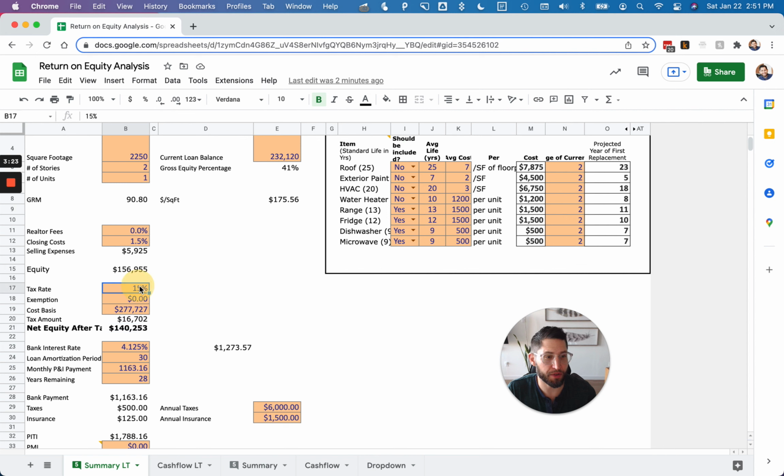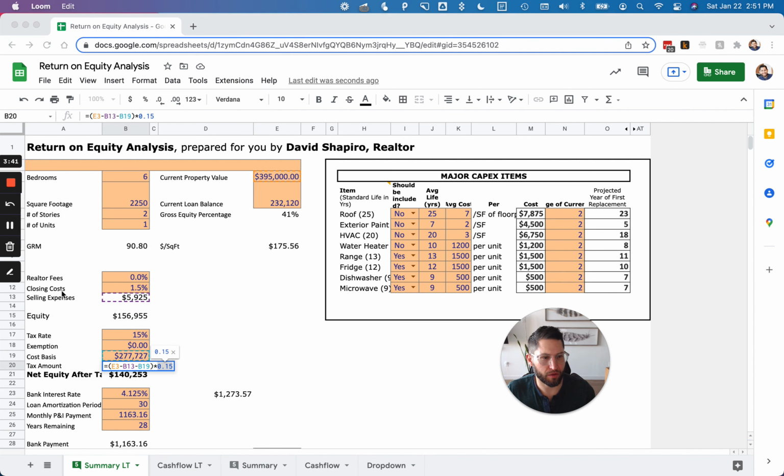The other thing you could do is say, what if I were able to 1031 exchange this and essentially pay zero taxes? Well, this number is supposed to change. Why doesn't it change? Hang on, let me investigate. Okay, I found the culprit.